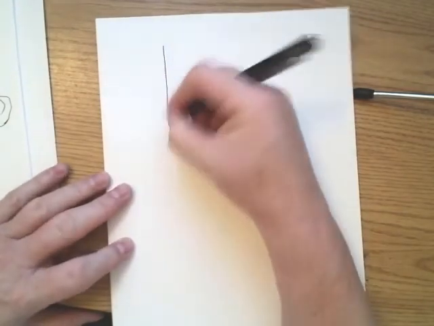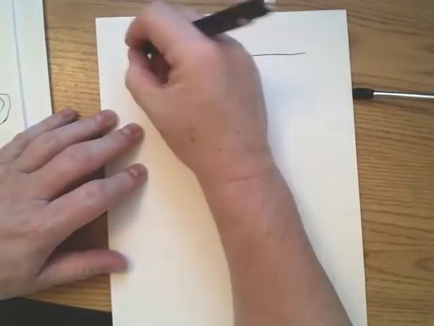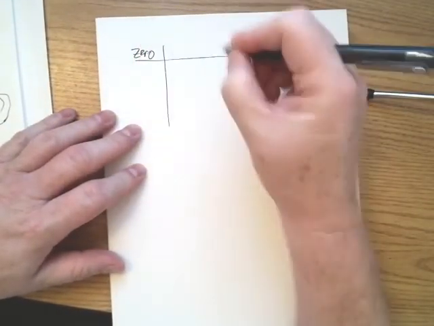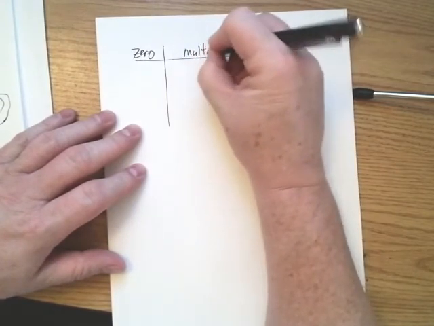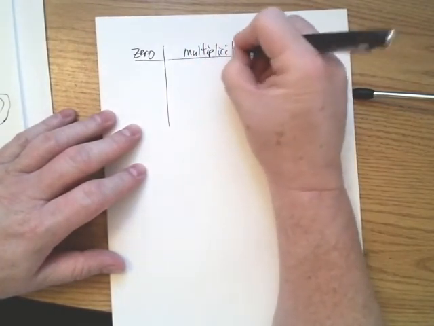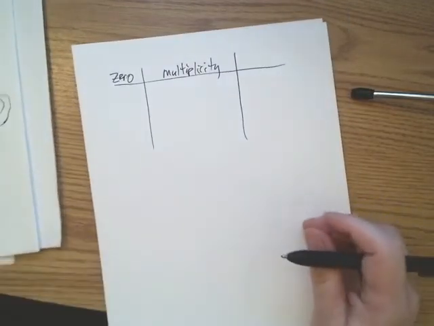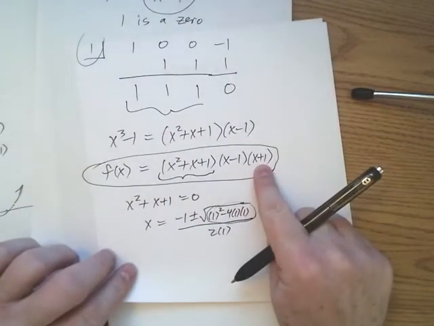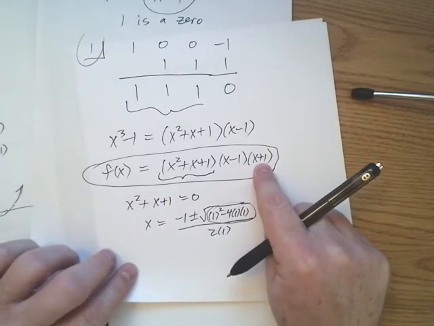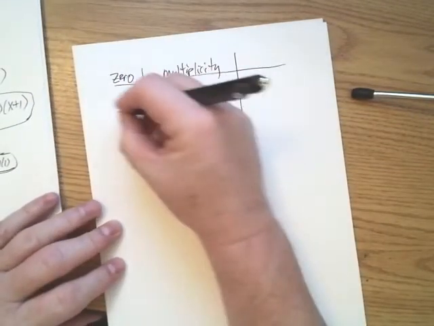So let's go ahead and make out our table here. We've got the real zeros, multiplicity, and then behavior, cross or bounce, right? Okay, let's do them in order here. If I take that factor, set it to 0, and solve, I would get -1.